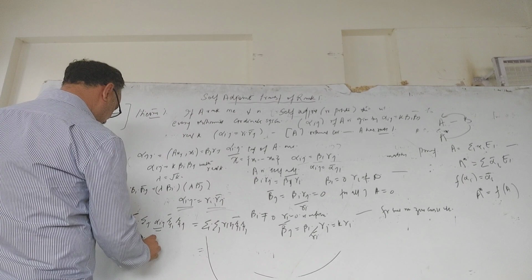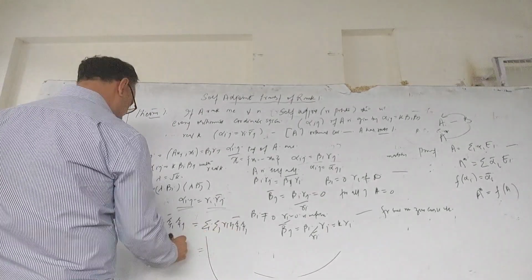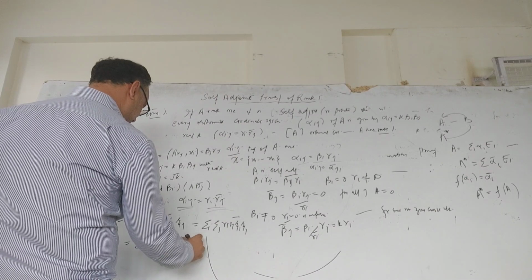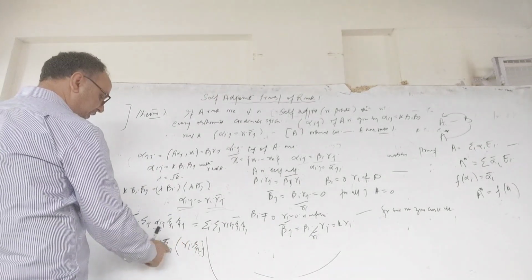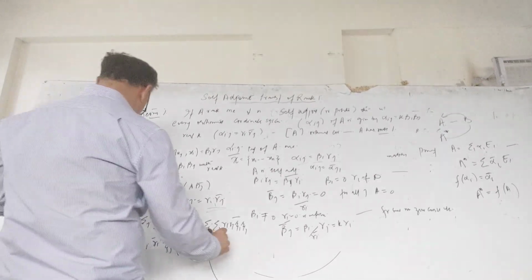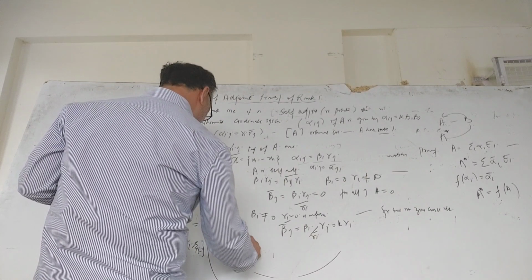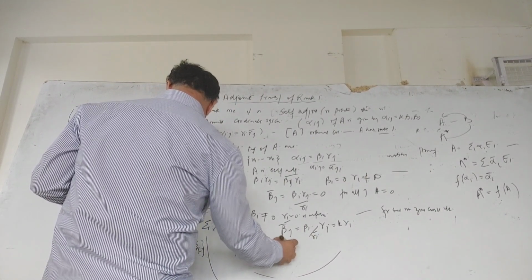Again, gamma i zeta i bar is one, the second is gamma i zeta i. This is zeta i, this is zeta bar, its complex conjugate, so the modulus will be the square, which can be greater than 0.